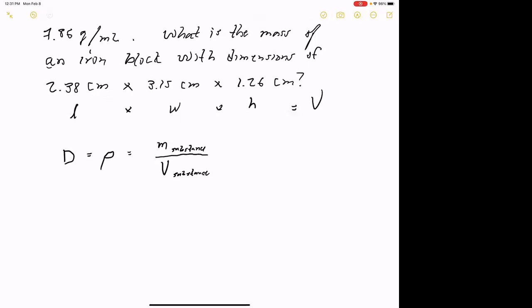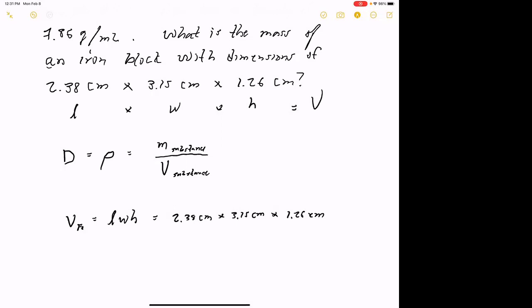So we have everything we need to get the volume. The volume of the iron, I'll call it Fe, which is the chemical symbol for the element iron, is the length times the width times the height. So that's 2.38 centimeters times 3.15 centimeters. I have it already written up top there, but we'll rewrite it here. Times 1.26 centimeters.